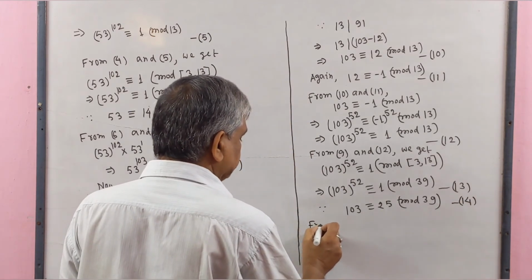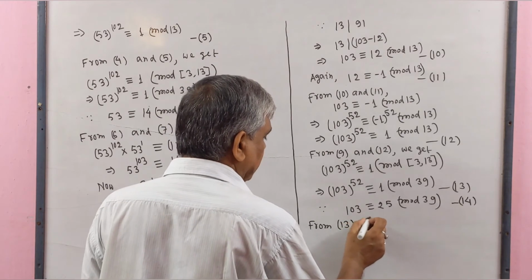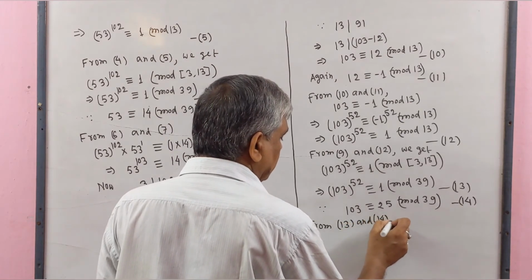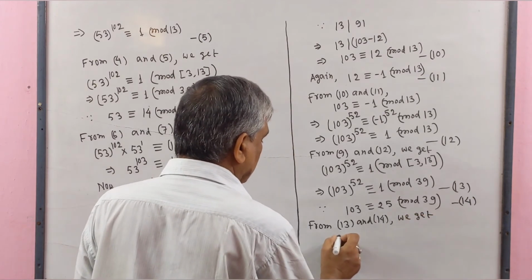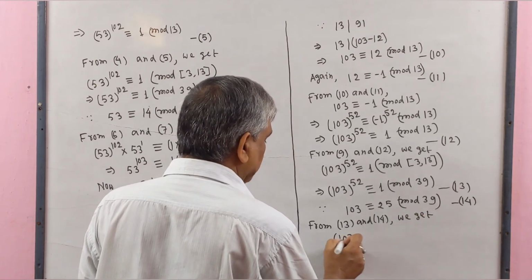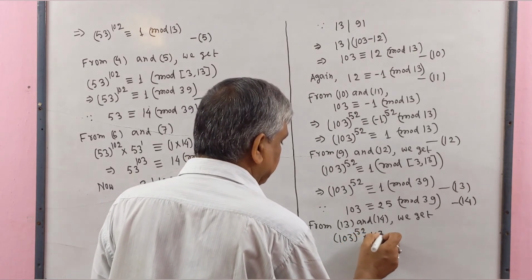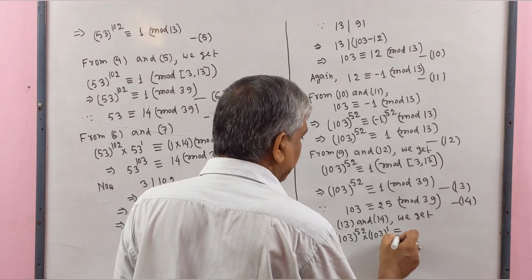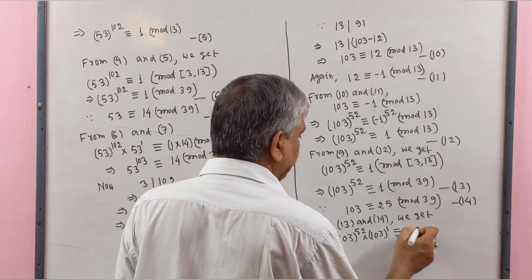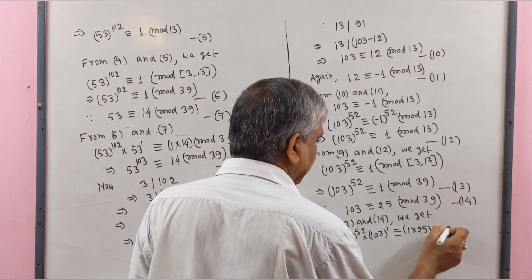From 13 and 14, we get 103 to the power 52 multiplied by 103 to the power 1 is congruent to 1 multiplied by 25 modulo 39.